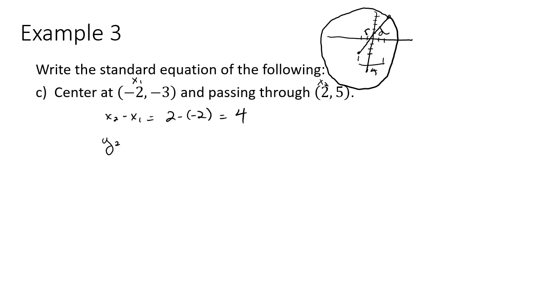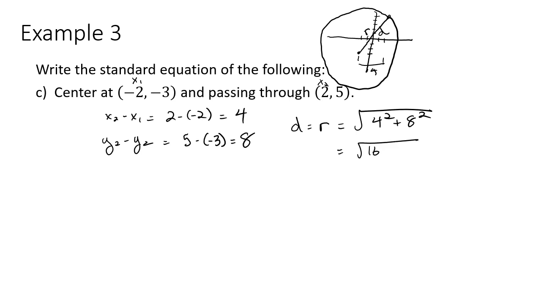Now I'm going to find the distance between the y values, and you can just count because I sketched. You could count up to figure the distance, but subtraction works just as quickly. So we would have y2 of 5 minus a y1 of -3, which would give us 8. And so the distance, which is the radius in this case, so I'm just going to go ahead and replace it with r, would be the square root of the distance between the x's squared plus the distance between the y's squared.